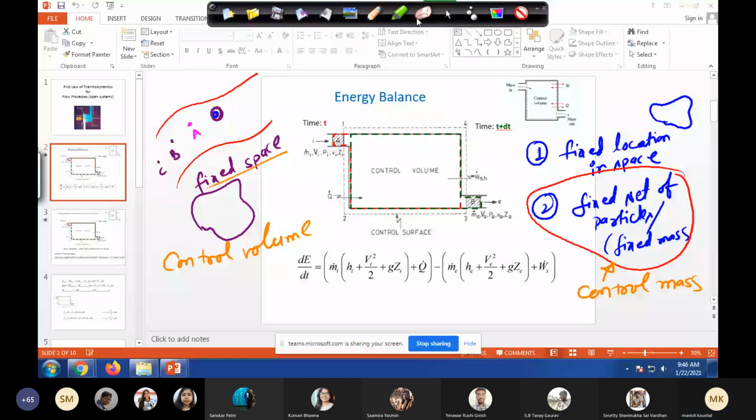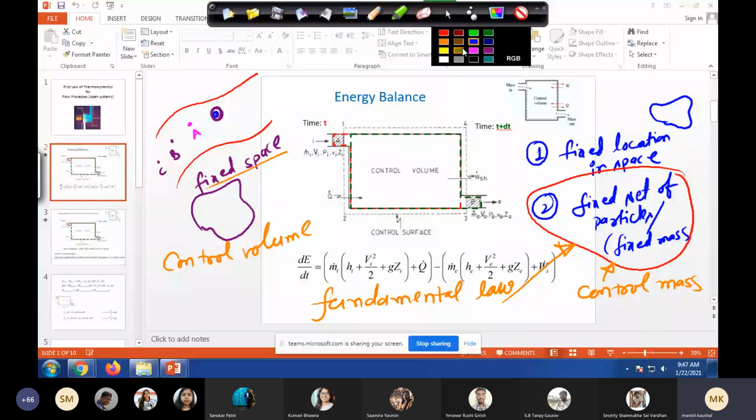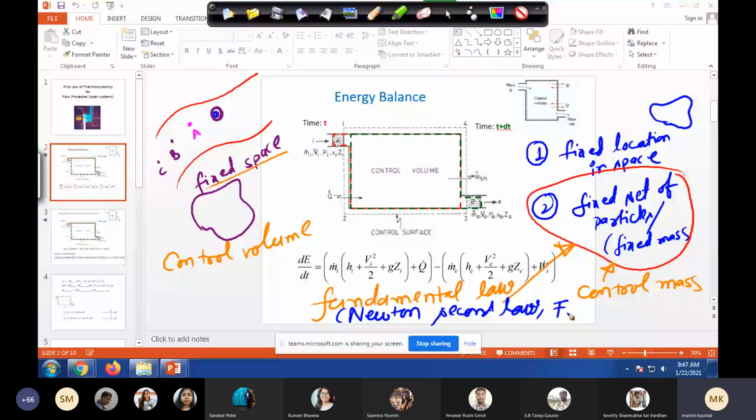But remember, fundamentally, all fundamental laws, either Newton's second law or the first law of thermodynamics, these are only strictly valid for control mass. There should not be any confusion in this.